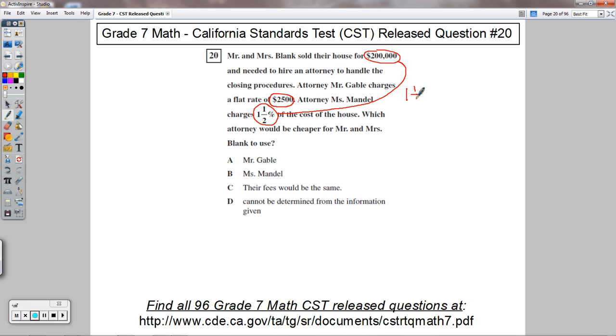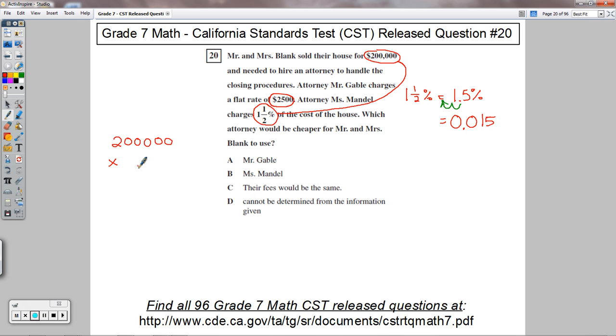So 1.5%, move the decimal 2 spots to change from a percent to a decimal. So I'm going to be moving this 1, 2, think of it like this. So the decimal would be right there. We'd have 0.015.